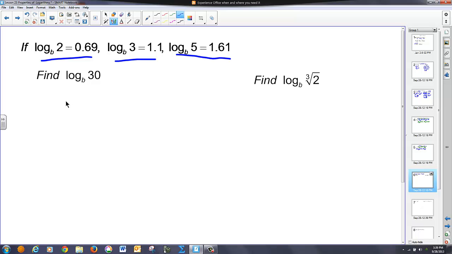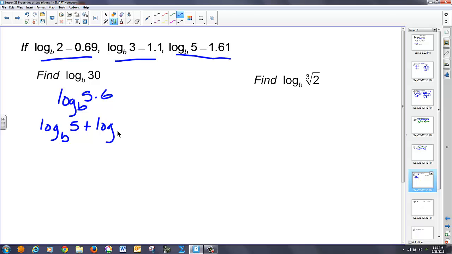We know 30 is simply the log of 5 times 6, which goes to log base b of 5 plus the log base b of 6. Unfortunately, there's no 6 here, but I have a 2 and a 3.